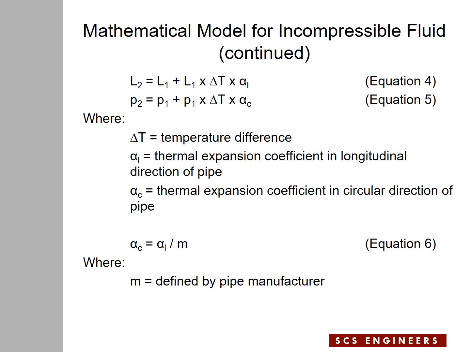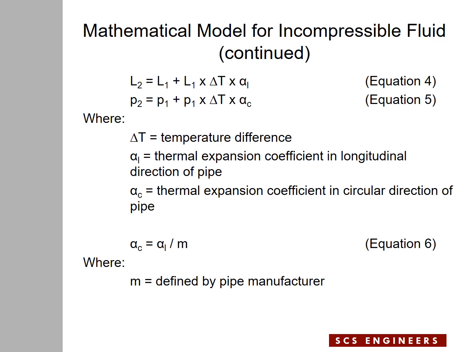A similar relationship can be written for the perimeter of the pipe: P2, the final perimeter, is equal to P1 plus P1 delta T alpha C, in which alpha C is the thermal expansion coefficient in the circular direction of the pipe.